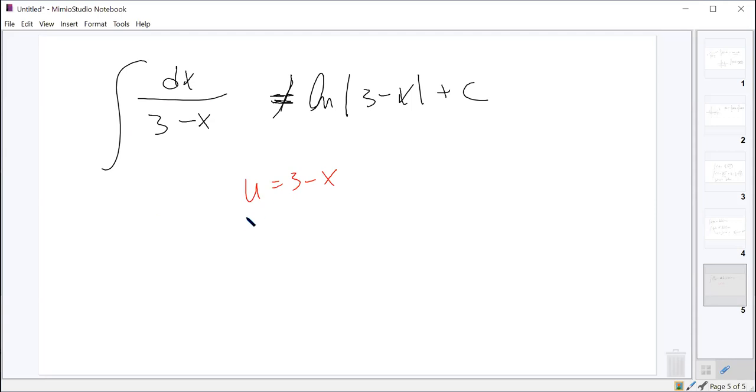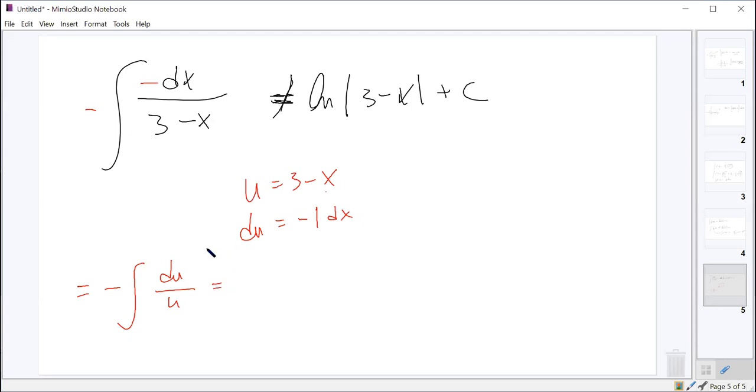So we have to let u equal 3 minus x, giving us du equals negative 1 dx, right? If you take the derivative of 3 minus x, that gives you negative 1 dx. So we put in a negative sign up here to make it a negative 1 dx, and we put a negative sign outside to cancel those things out, and we end up with the opposite of the integral of du over u.